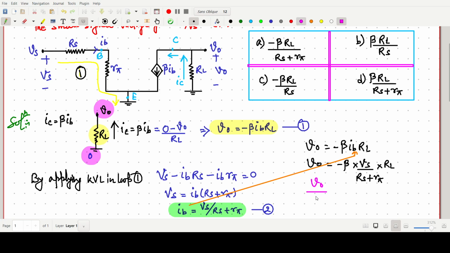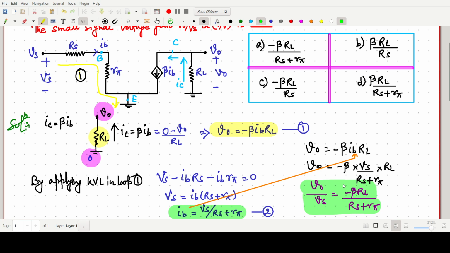So finally, V naught by Vs we have to find. V naught by Vs is minus beta RL by RS plus R pi. This is the result that we are looking for, V naught by Vs, the gain.